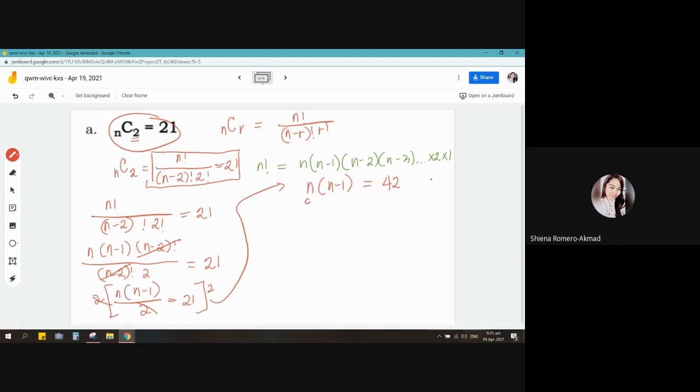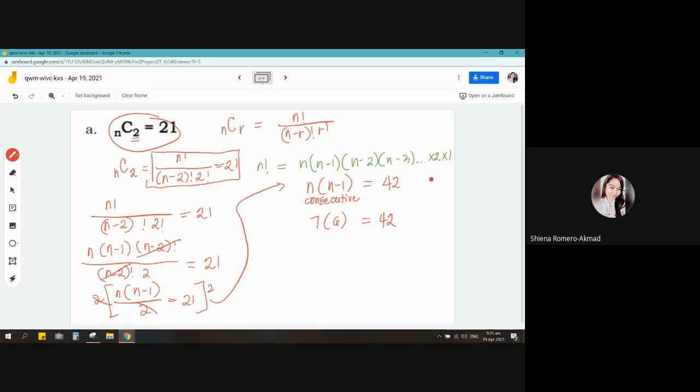Consecutive numbers that when you multiply them, you'll get 42. Kung kayang maiisip, pwede na to. Hanggang dito na lang ang solution. If not, papakita ko sa inyo how. 7 tsaka 6 po. So, 7 and 6 equals 42.